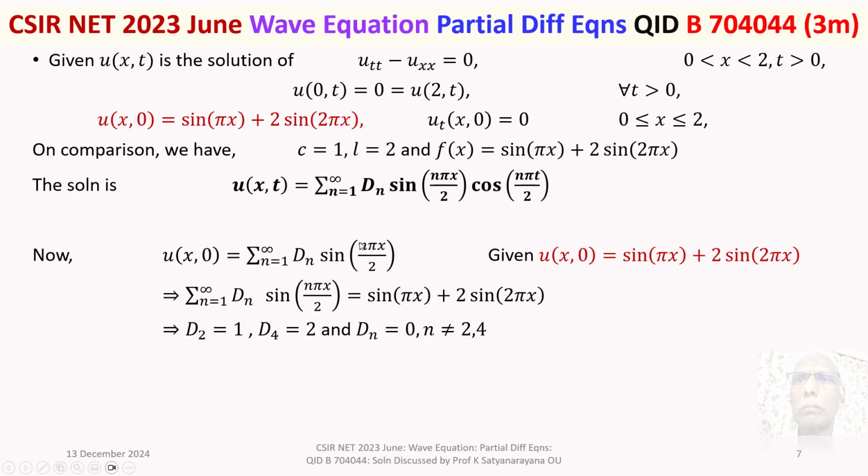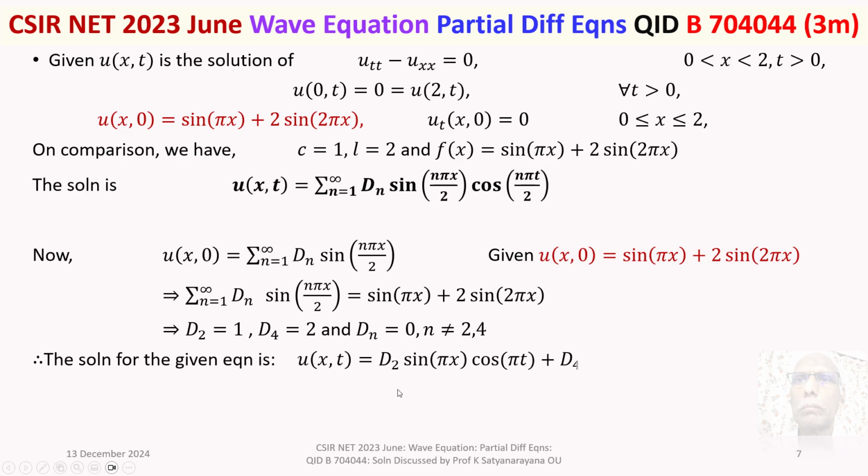Right. Now go back to our solution. Then u(x,t) is equal to d2 sin pi x into cos pi t. That is, you substitute n is 2.